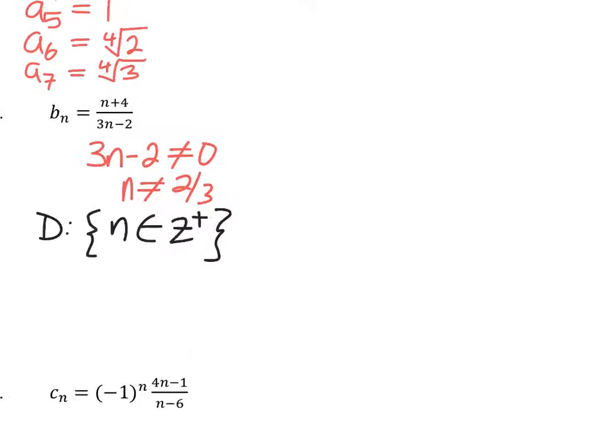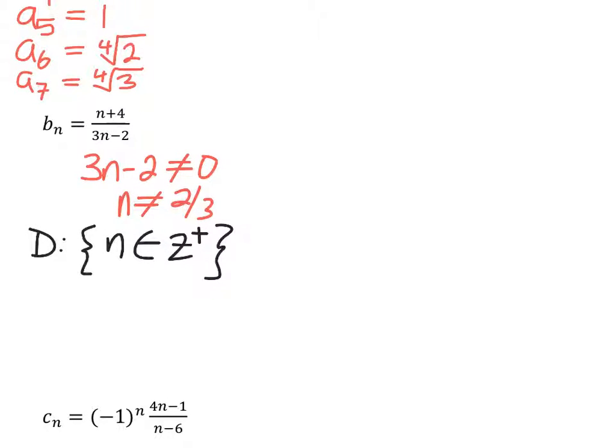The first 4 values. For this one, you might want to go to the calculator. For now, we're living in function mode because I haven't effectively taught the sequence mode, parametric and sequence modes yet. So you just put it into Y1, go into your table, and only get the positive integer values.